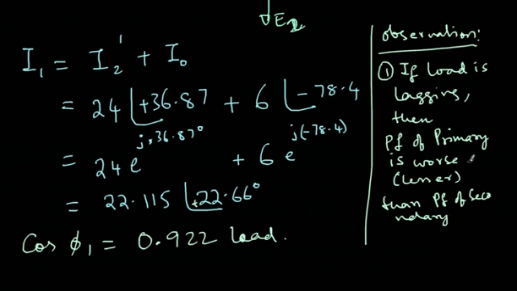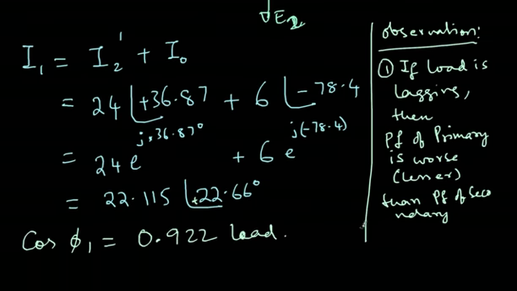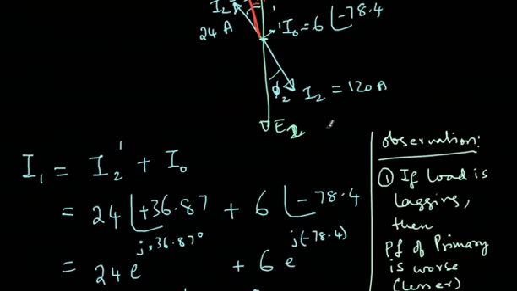Because the transformer itself is a lagging element, it is inductive, and the load is also inductive, so therefore primary is even more inductive.